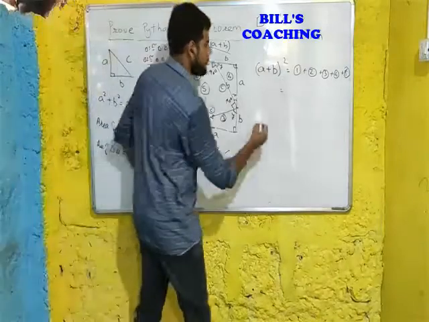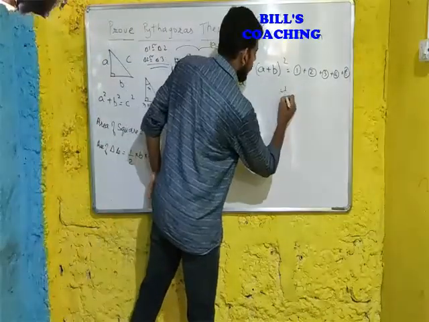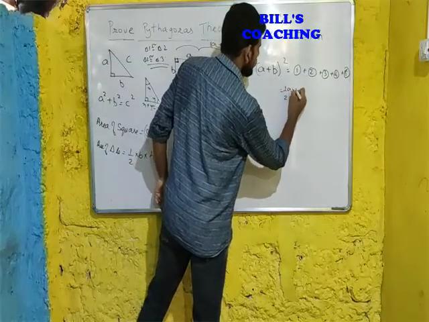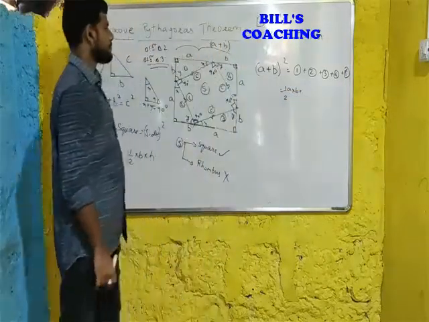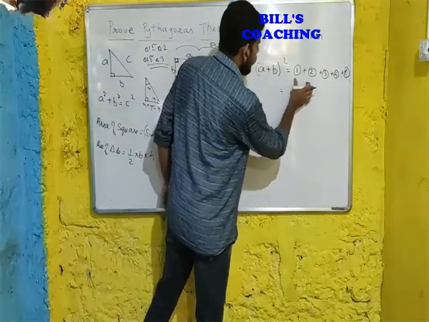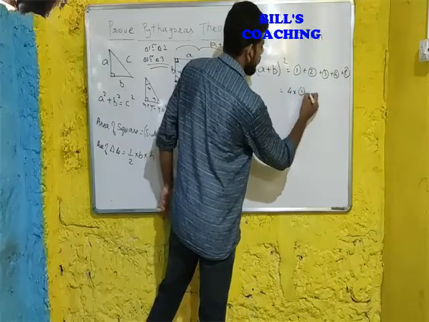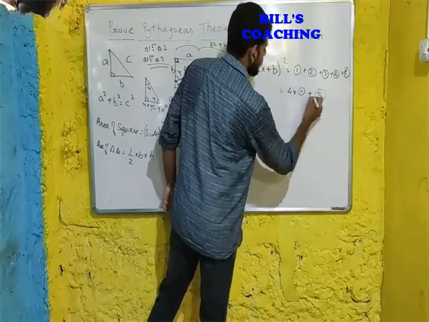And I'll say now 1 is this, so area is half into base into height. In this format, all these 1, 2, 3, 4 are equal, so I can say 4 into area of 1 plus 5.